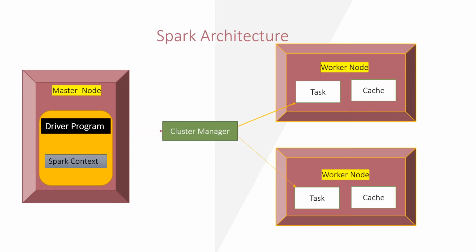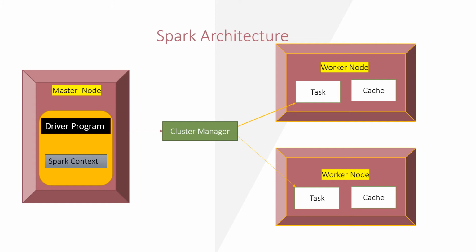Cluster manager does the resource allocating work and then the job is split into multiple smaller tasks which are further distributed to worker nodes. A job is split into multiple tasks that are distributed over the worker node when an RDD is created in a Spark context.